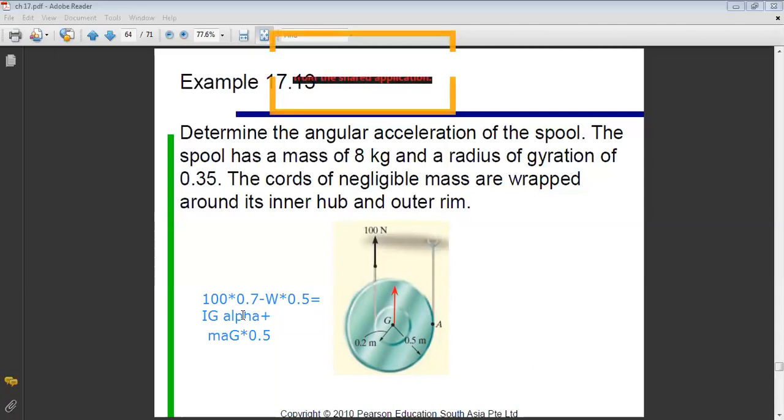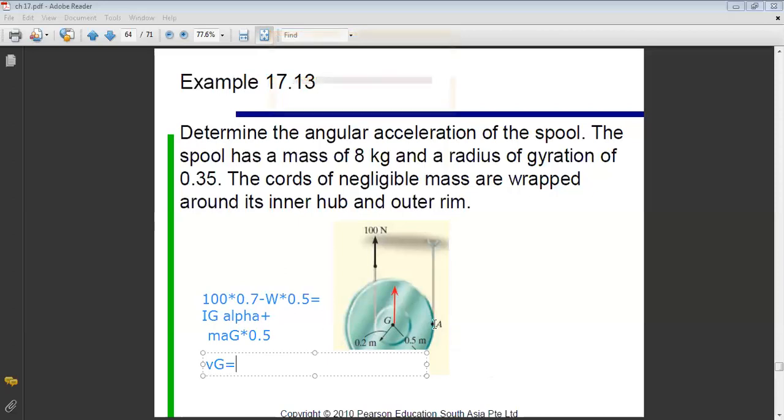To find a relation between AG and alpha, I should find where my instantaneous center is. Because I know, in this problem, what is the velocity of G? Is your instantaneous center at A, yes or not?